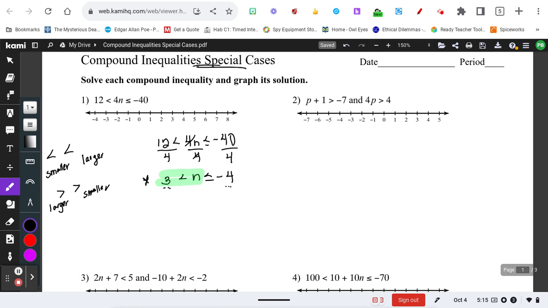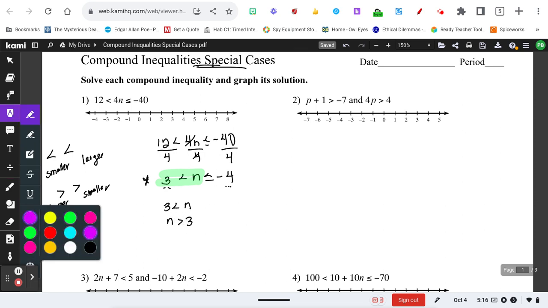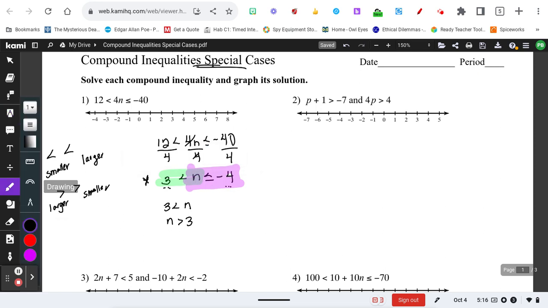All right, but let's break this up. So this is 3 less than n, which is n greater than 3. Okay? All right, now let's go with this one. We're going to break this answer up. These are what I call tricky ones, okay? And it's n less than or equal to negative 4.